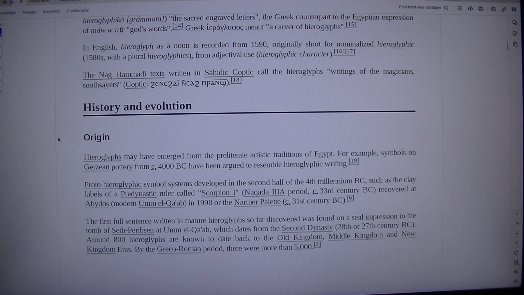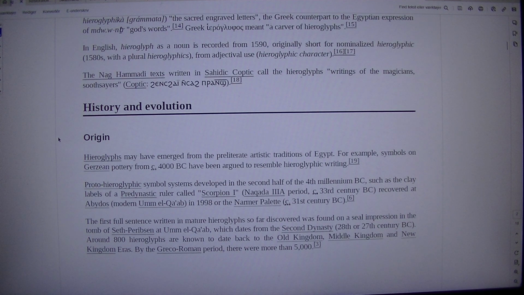31st century BC. The first full sentence written in mature hieroglyphs so far discovered was found on a seal impression in the tomb of Seth-Peribsen at Umm el-Qa'ab, which dates from the 2nd dynasty, 28th or 27th century BC. Around 800 hieroglyphs are known to date back to the Old Kingdom, Middle Kingdom and New Kingdom eras.